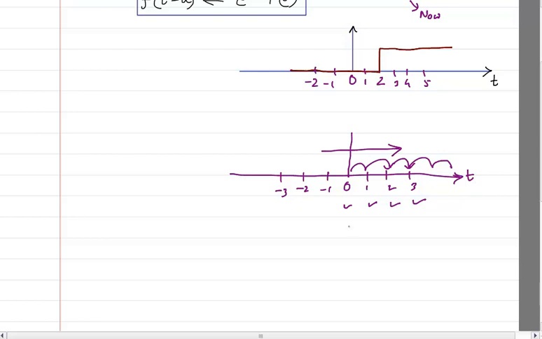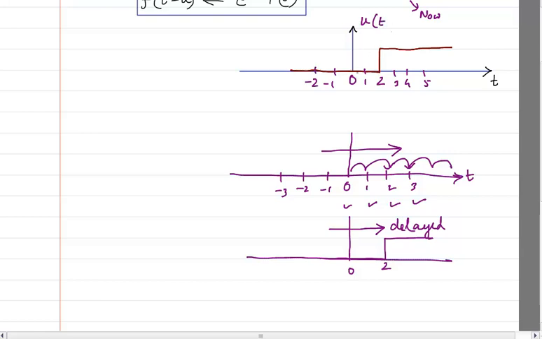If you have something that occurs at 0, but instead of occurring at 0, you take it back and make it occur at a later time 2, it means that you are making it occur at a late or delayed time. So when we say that we have shifted a signal back, we have shifted u from t equal to 0 to a delayed time 2.